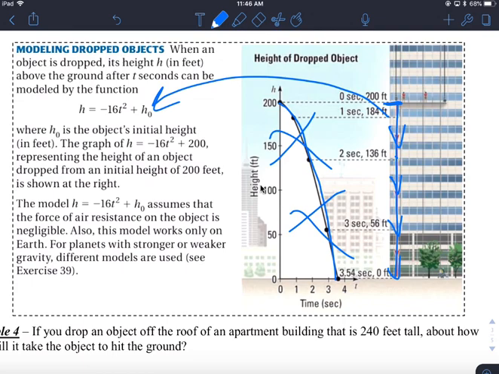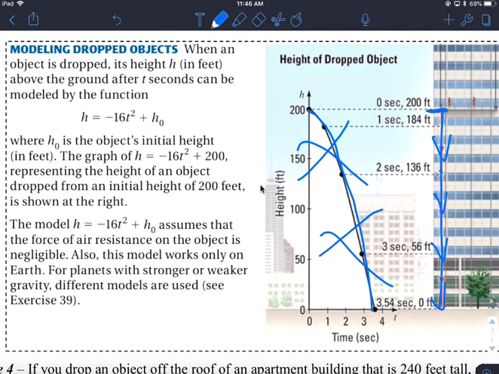So to use the equation, you have to understand what the parts mean. So let's read this little prompt here. It says when an object is dropped its height h in feet, so this height h in feet, above the ground after t seconds, so this is time, t seconds, can be modeled by this function where h sub 0 is the object's initial height.